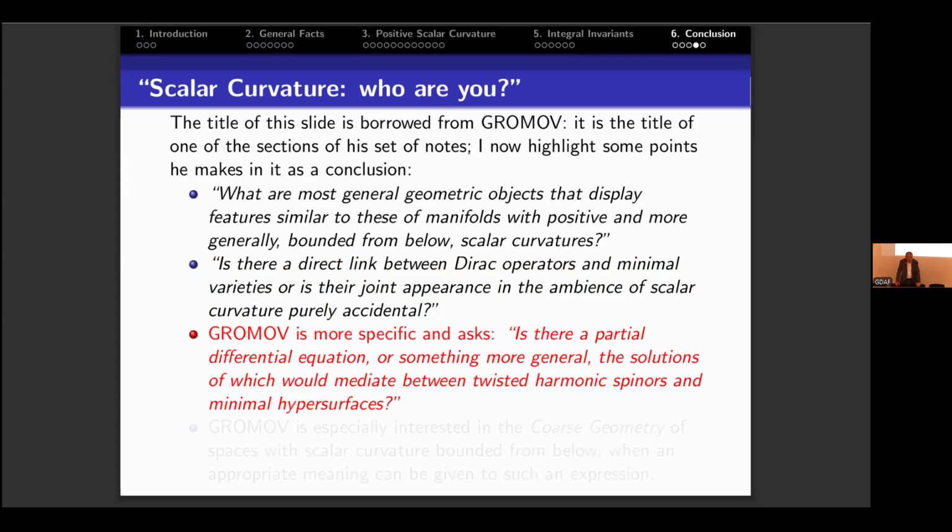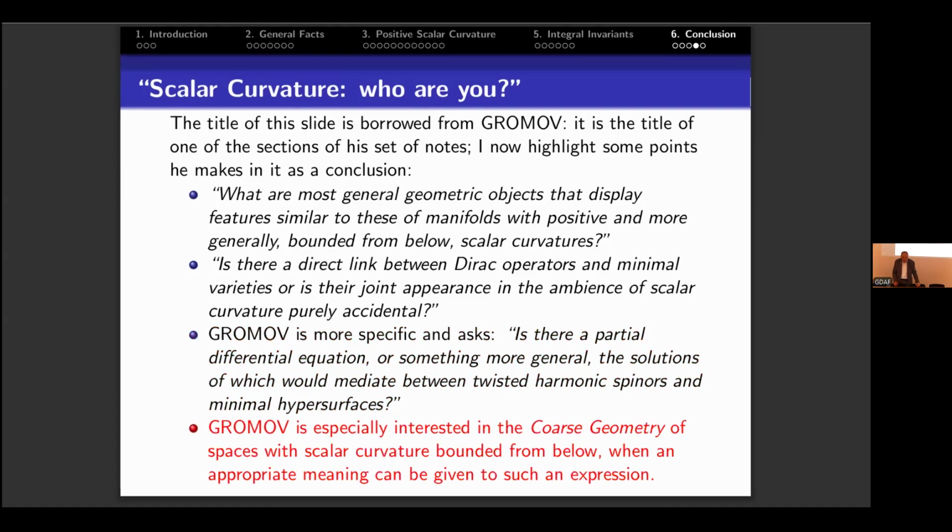Is there a partial differential equation, or something more general than a differential equation, because you want to deal with spaces which are not regular, the solutions of which would mediate between twisted harmonic spinors and minimal hypersurfaces? That would be one way of connecting to the previous question. And as I said, Gromov is especially interested in the coarse geometry of spaces with scalar curvature bounded from below, when an appropriate meaning can be given to such an expression about scalar curvature when you cannot compute derivatives. Thank you very much.